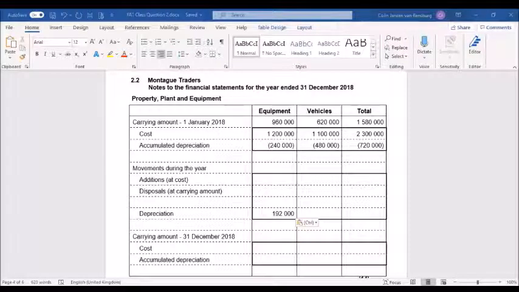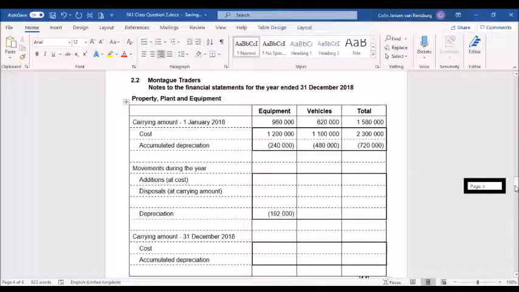Thank you, Esona. Thank you, Lubabalo. Everyone, yes, it's going to decrease our net carrying amount. And as soon as we know that it decreases the net carrying amount, then we must also know that that must be shown as a negative, right? So far, so good. Okay, so we've got the depreciation on the equipment.